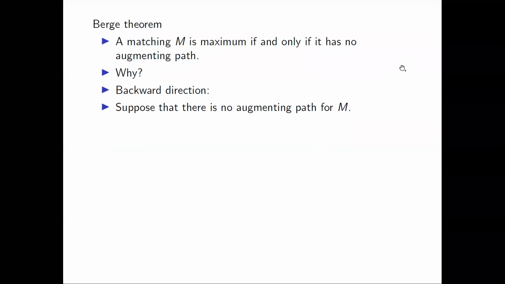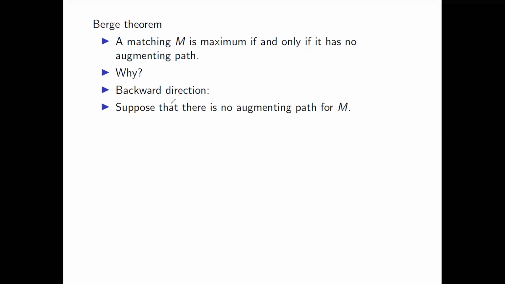What we want to prove is that if there's no augmenting path for M, then M is a maximum matching. In order to prove that with a proof by contradiction, we can assume that M is not a maximum matching and use that to get a contradiction.